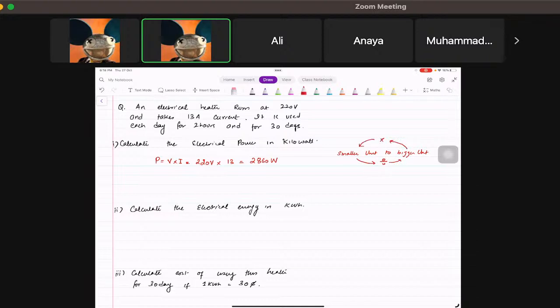Is it clear, everybody? So this means to go into kilowatt, I need to divide it by 1000 because kilo is 1000, and I'm going to get 2.860 kilowatt. Anybody who did not understand, please let me know.